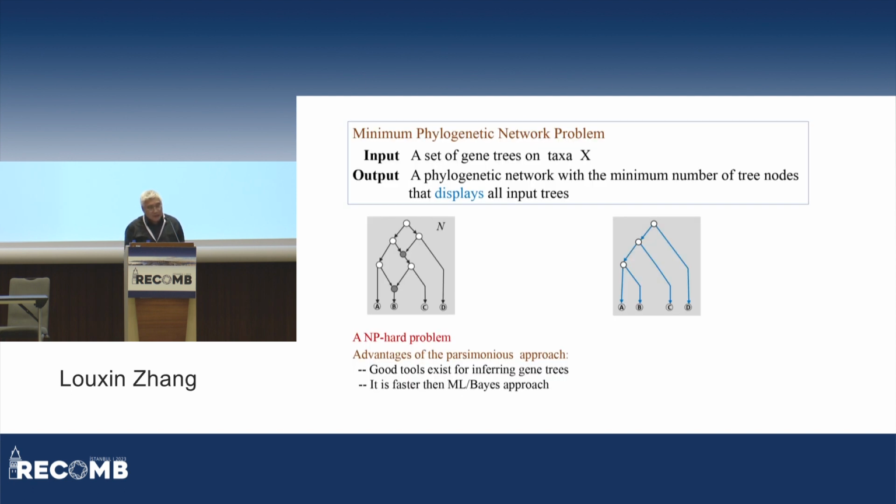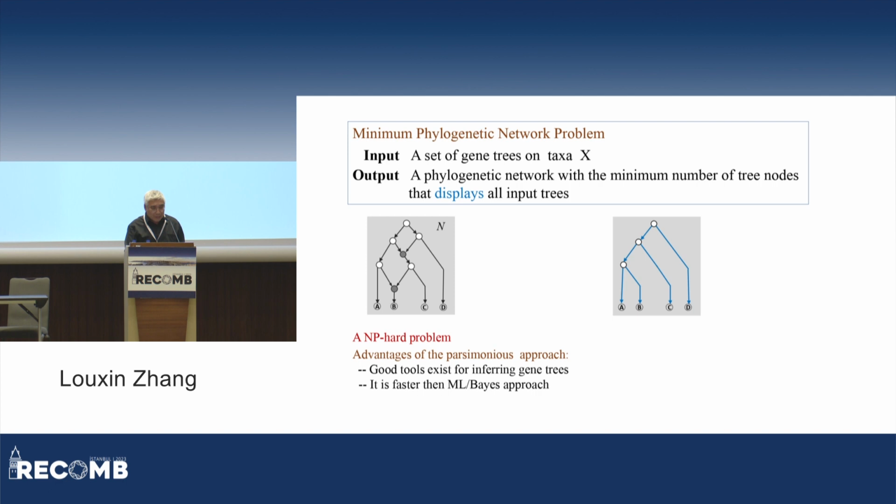So I take the parsimony approach by working on the minimum phylogenetic network problem. The input to this problem is a set of gene trees on the taxon set X. The output is a phylogenetic network with the smallest size that displays all the input trees.